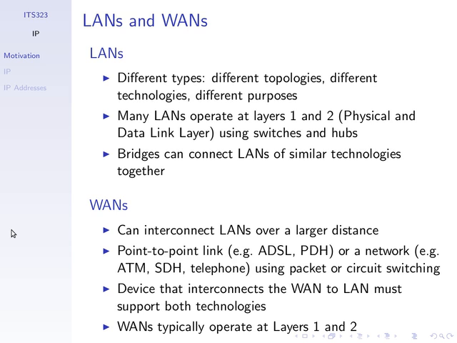What you know so far, last week we talked about local area networks, LANs. We use LANs inside our home, inside our offices, inside our buildings. And we went through some different types of topologies, different medium access control protocols, different technologies.